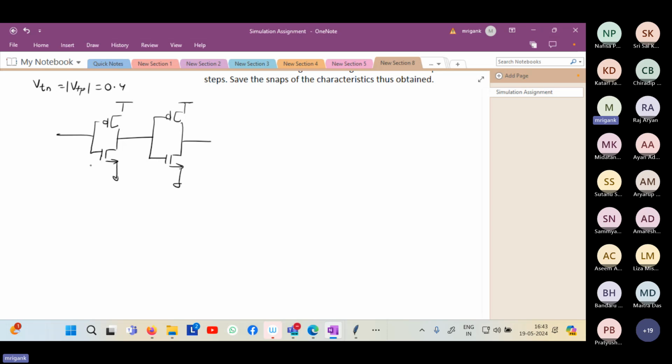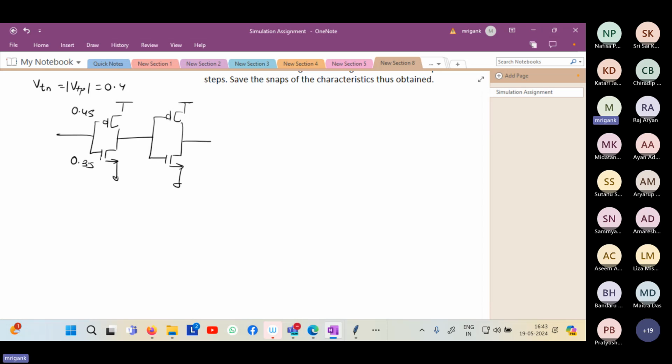So now, if the PMOS is, say, in the first case, stronger, that means the VT of this PMOS is going to be lower than expected, or let us say it is weaker. So let us take the weaker case. In the weaker case, the VT of this is going to be, say, 0.45, and this one is stronger than expected, so this is 0.35.